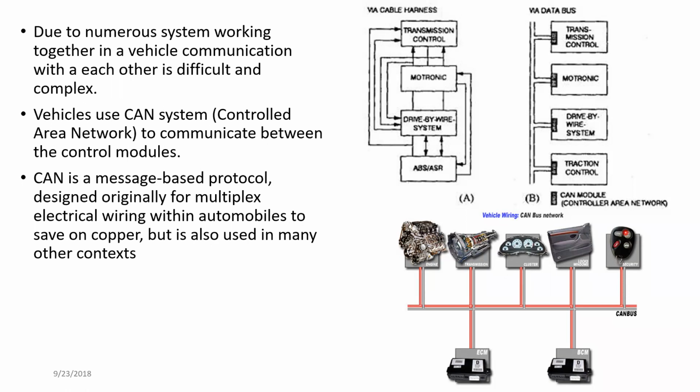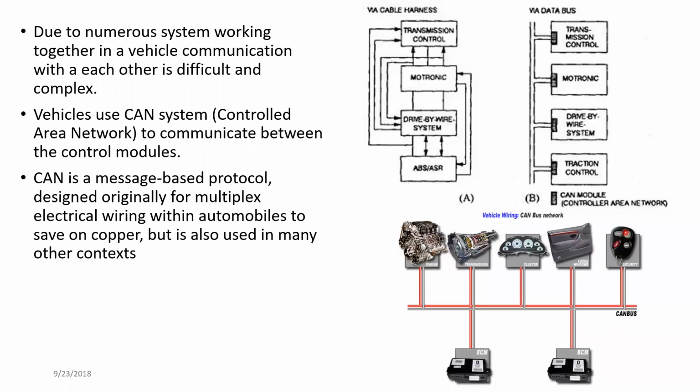As you can see, there are two images. In the first, the black and white image, there's chart A and chart B. Chart A is a normal system where each system communicates with separate wiring or a separate circuit, dedicated to each communication line.